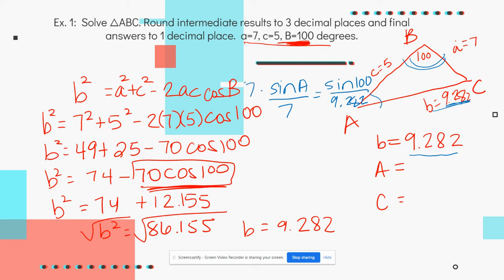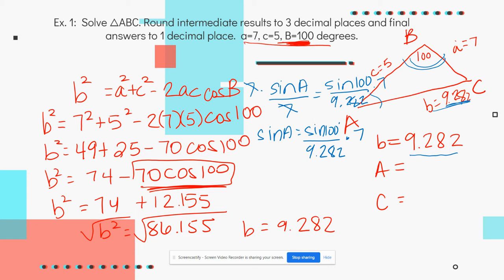Let me multiply by 7 here because the goal is to get A by itself. Okay, so I have sine of A equals sine of 100 over 9.282 times 7. So I'm going to go ahead and plug this into my calculator.